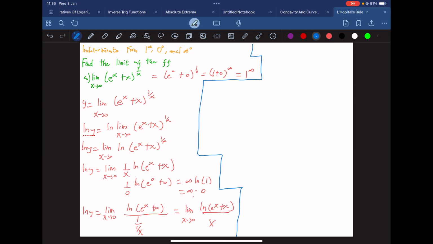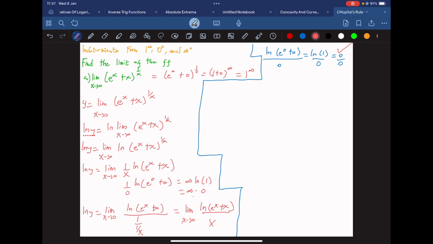If we put in 0, we have ln of e to the 0 plus 0 over 0. So this is ln of 1 over 0, and this is 0 over 0. Since we've been able to get this indeterminate form, we can go ahead and use L'Hopital.